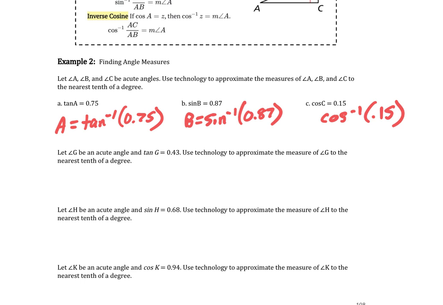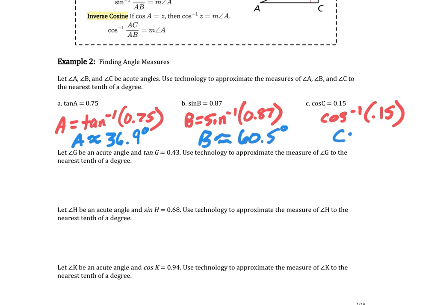Okay, the 3 answers that we get here. We're looking for an angle measure, so my answer should be in degrees. A is about 36.9. B is about 60.5 degrees.